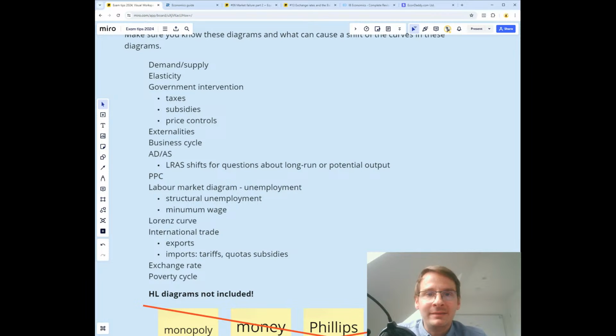Because if you don't learn everything in that section, let's say microeconomics, then you might get a question that you are not prepared for, and then it's not going to be easy to answer. So my suggestion would be to focus on one of the sections for sure for your paper 1.